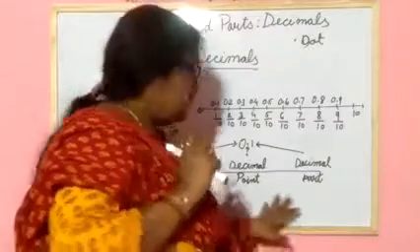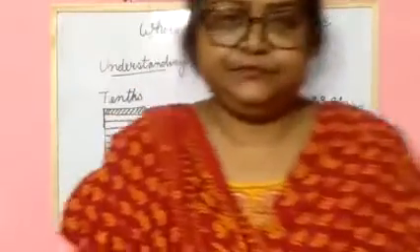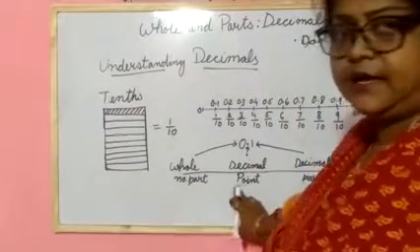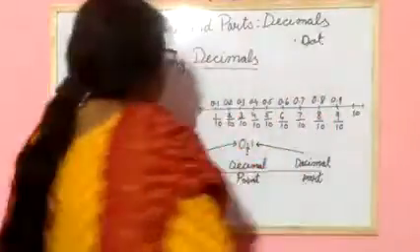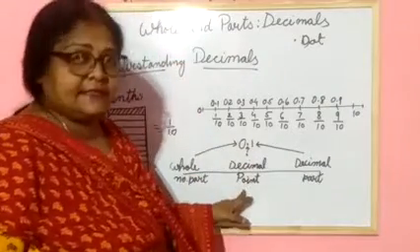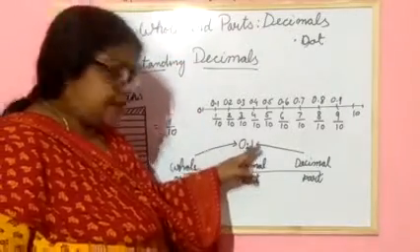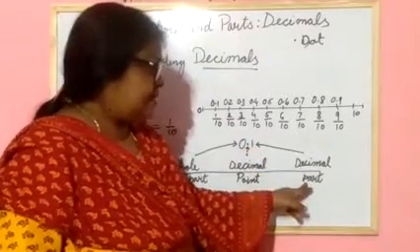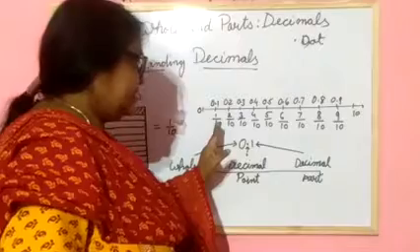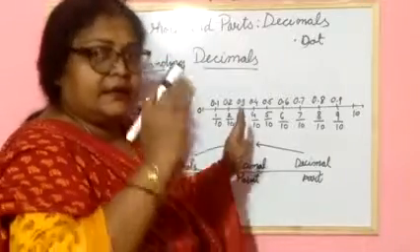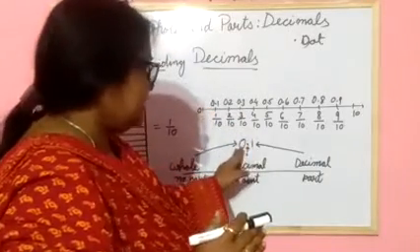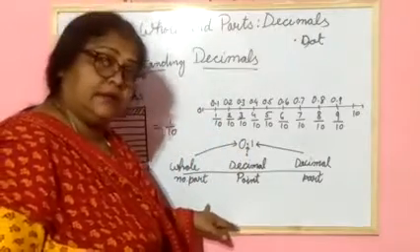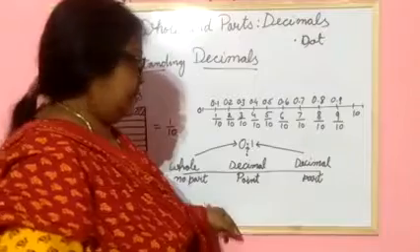Now this one, what you have seen here, is the decimal part. The point is known as the decimal point, and the right side of the point you can call the decimal part. The left side of the decimal, whatever is written there, you can call the whole number part.